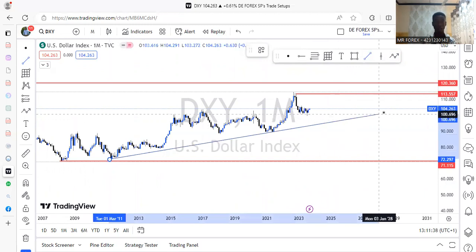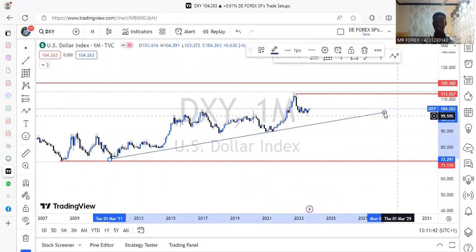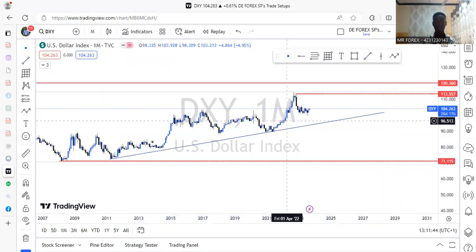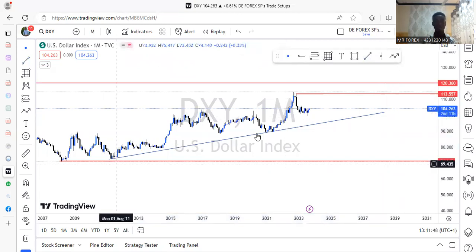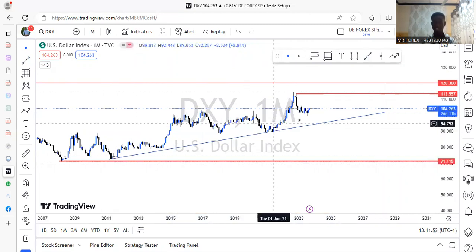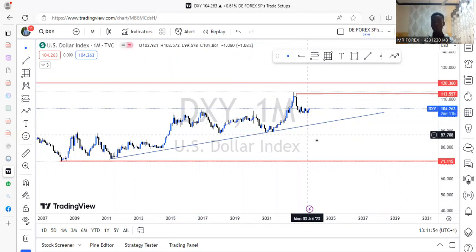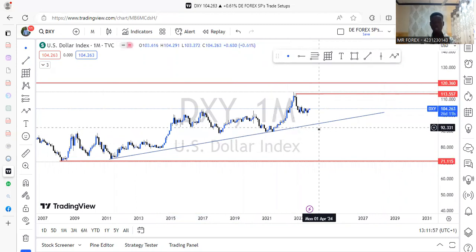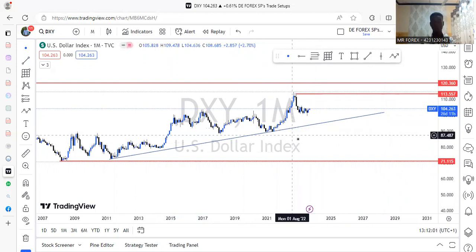We are on the monthly time frame, and it takes a number of years to see this type of price action. Looking at this, it's currently bullish, and even though we are looking for bearish opportunities, we only go in for sells when we see price breaking the current bullish market structure.